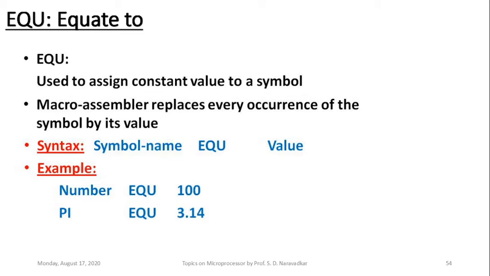So wherever in the program thereafter that pi symbol is used, it will be automatically replaced by 3.14 and the rest of the calculations will be carried out. So normally equate is used to assign fixed and standard values to certain symbols.